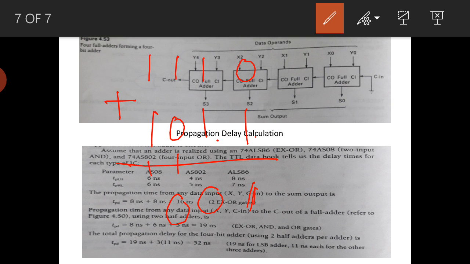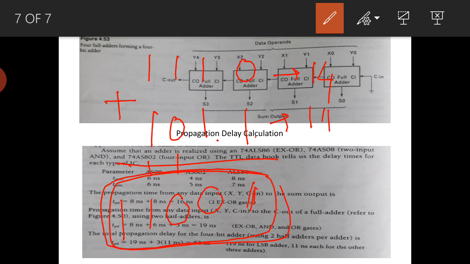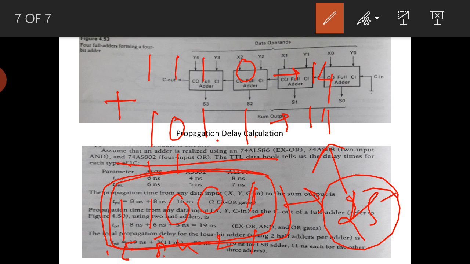Again here 1 plus 1 plus 1, as we already know from the full adder, the sum will be 1 and carry will be 1. If you take the whole number, that is 14 plus 11, with the 8421 code this is 16 plus 8, 24, plus 1, 25. The result is 25, which matches.